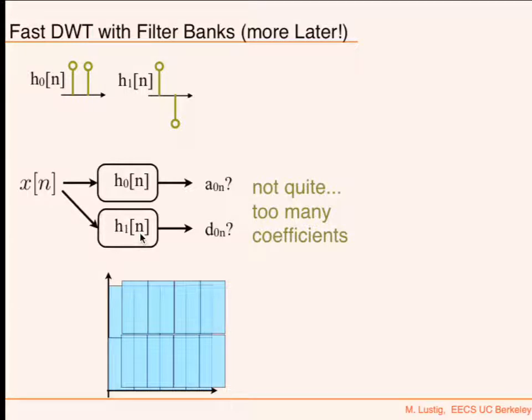If I have a 1,000,000-sample signal, I'm going to end up with approximately 1,000,000 high-detail coefficients. And then if I look at the approximation coefficients, I will also end up with approximately 1,000,000. So now it's approximately 2,000,000. So it's not good. We wanted to preserve orthogonality, right?